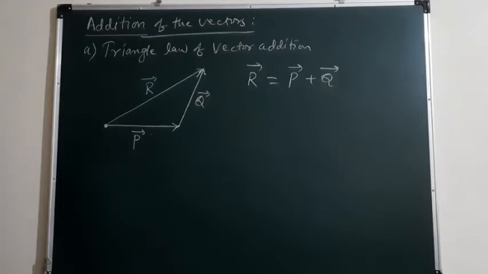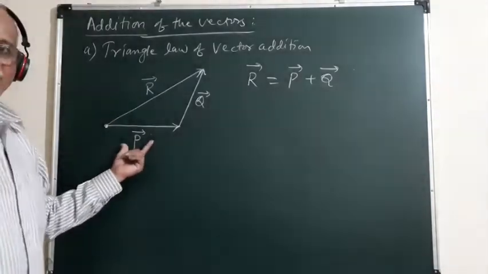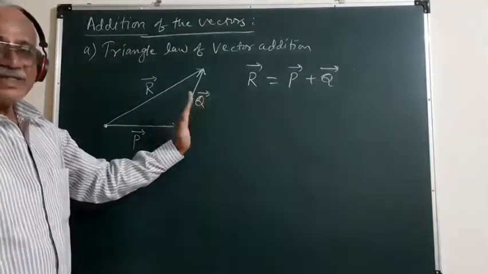Here, first we have taken the vector p bar and then the vector q bar. Q bar is added to p bar.